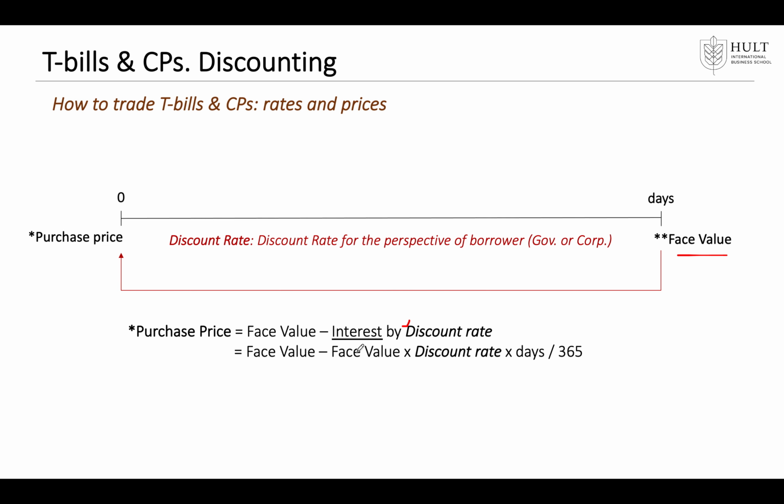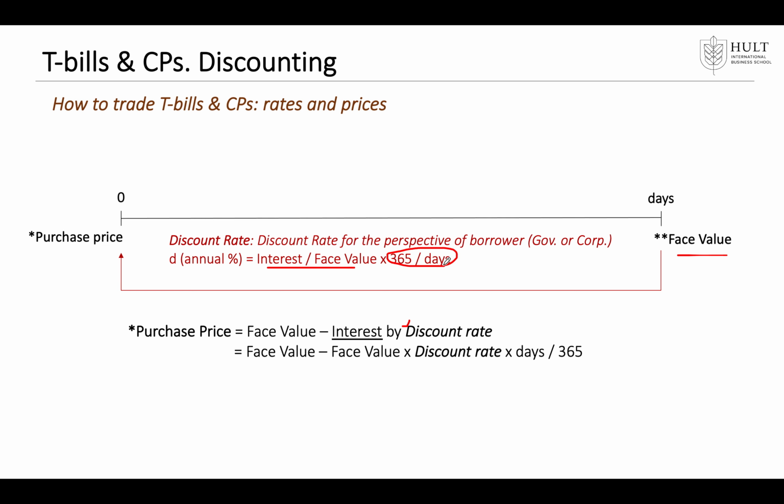Then how do you get this discount rate from the perspective of the borrower? Discount rate is interest divided by face value, that is the interest for the period, for these days, times 365 divided by days. You have to keep it in mind.